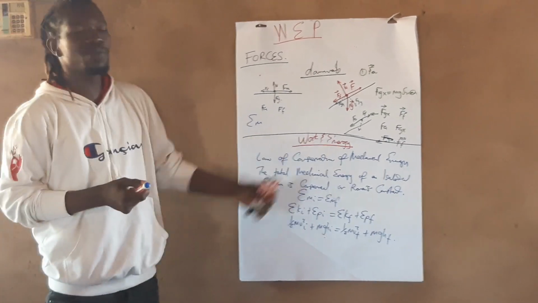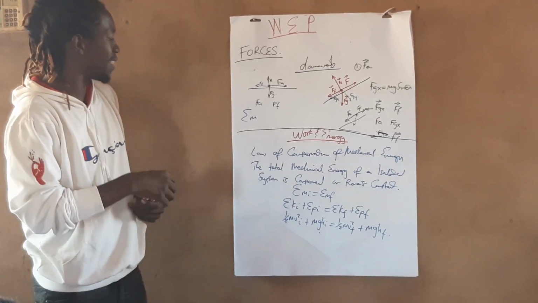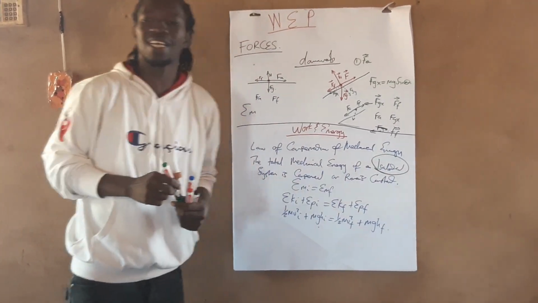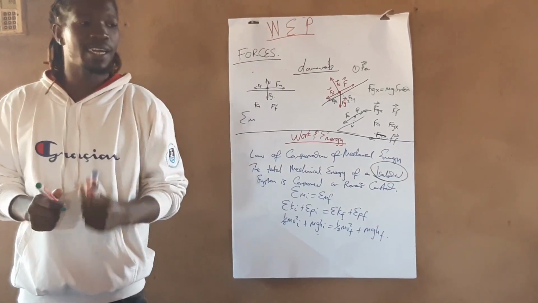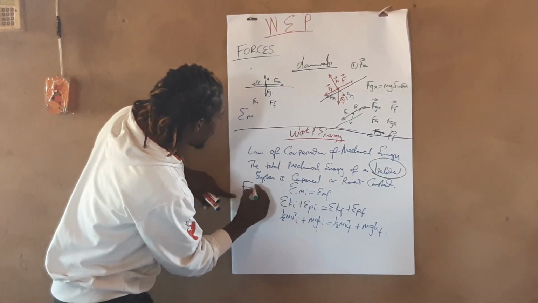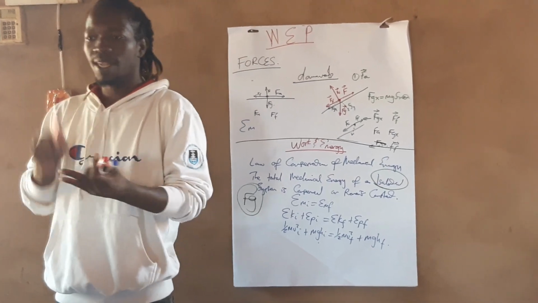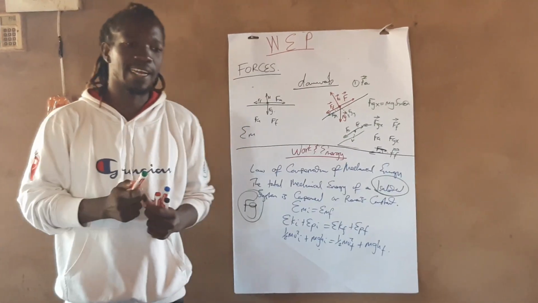It means that this system is isolated, as I explained, the total mechanical energy of an isolated system. So there are no other forces, only gravitational force. There's no frictional force, there's no applied force.